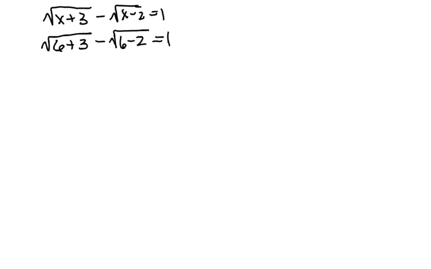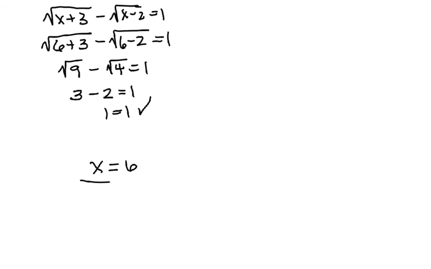So we get the square root of 9 minus the square root of 4 equals 1. Square root of 9 is 3 minus the square root of 4 is 2 equals 1. 1 does indeed equal 1. It checks. So our answer is x equals 6. Very long and involved process when you have more than one radical term.